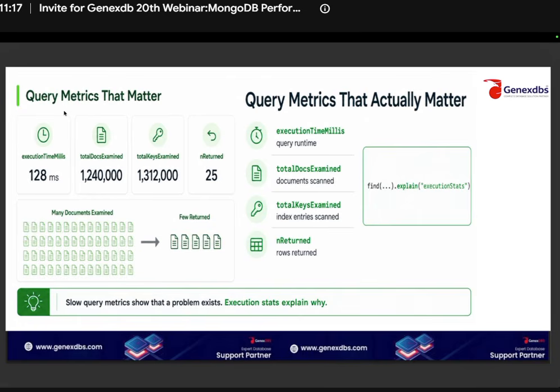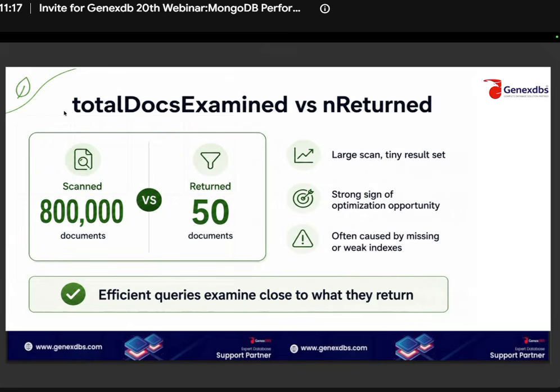Next, totalKeysExamined represents how many index entries MongoDB must examine, and a higher value of this compared to the number of documents returned indicates an inefficient index design. And then we will see totalDocsExamined versus nReturned.